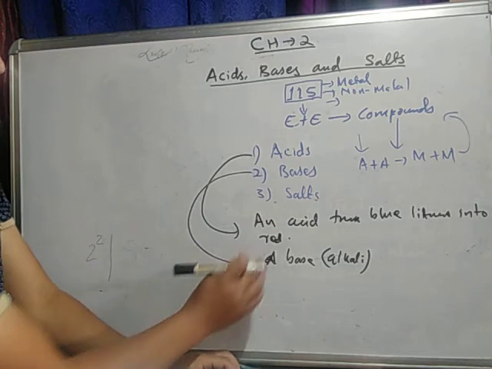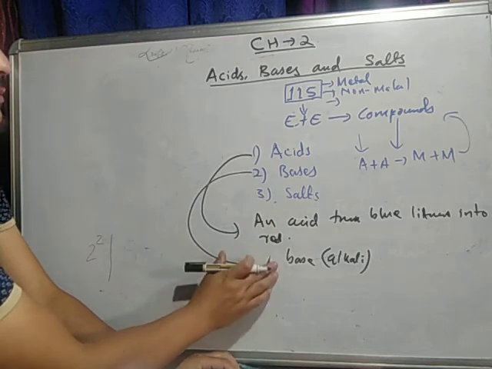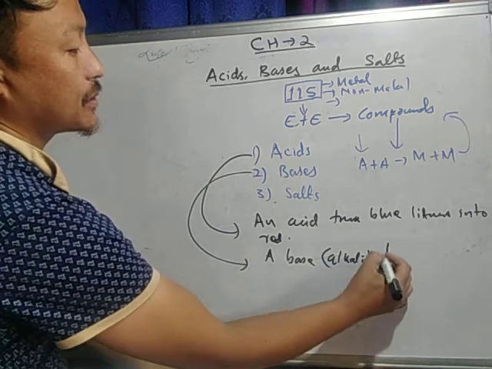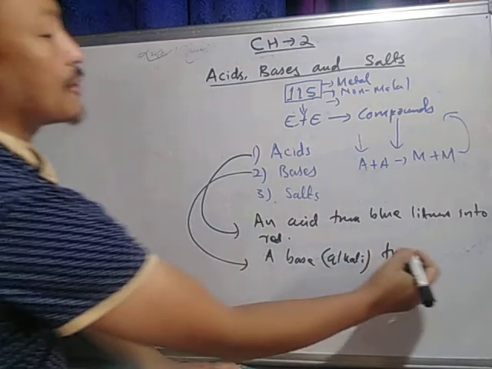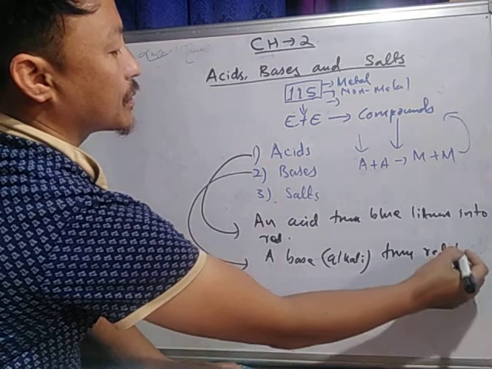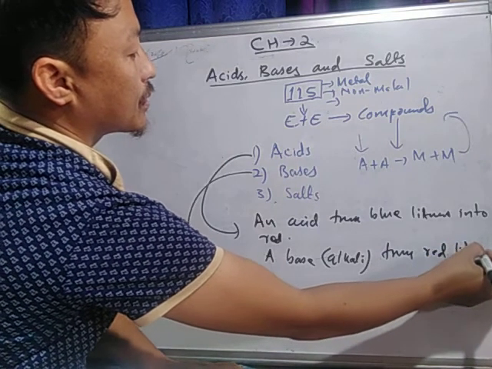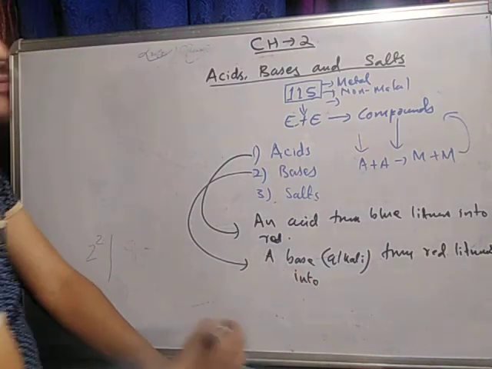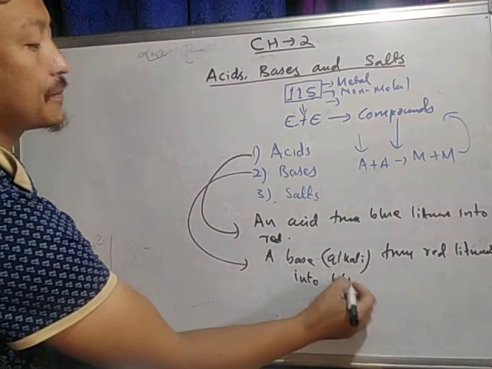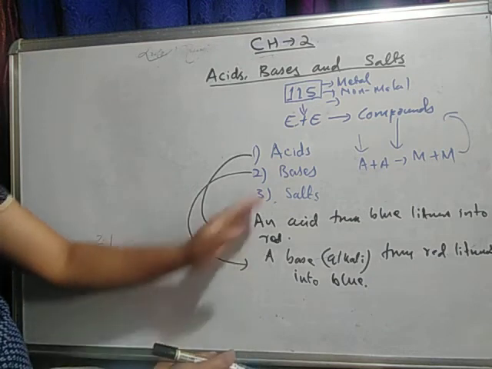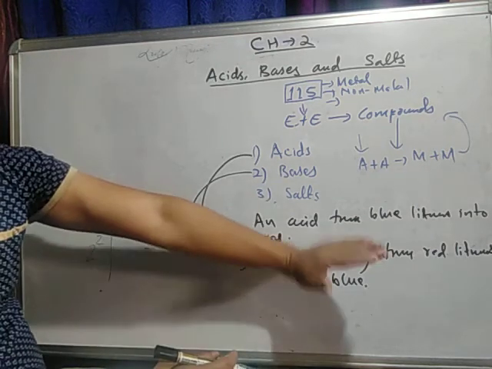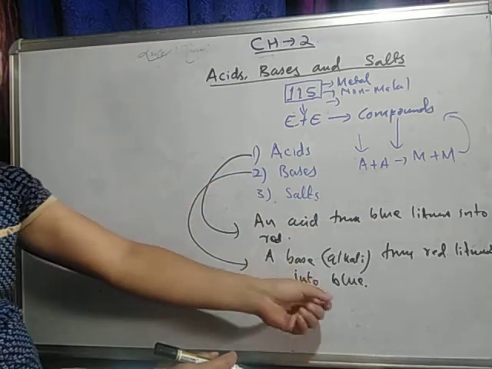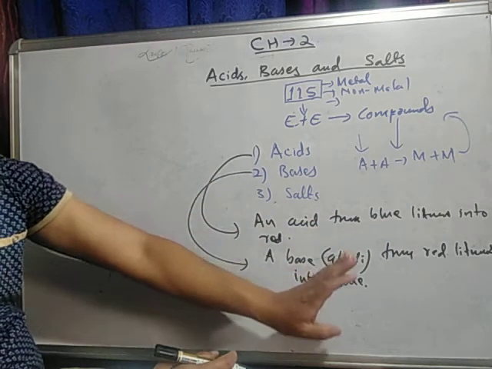So a base turns red litmus into blue. Basically, if you put red litmus paper in a base, then you'll get blue color.